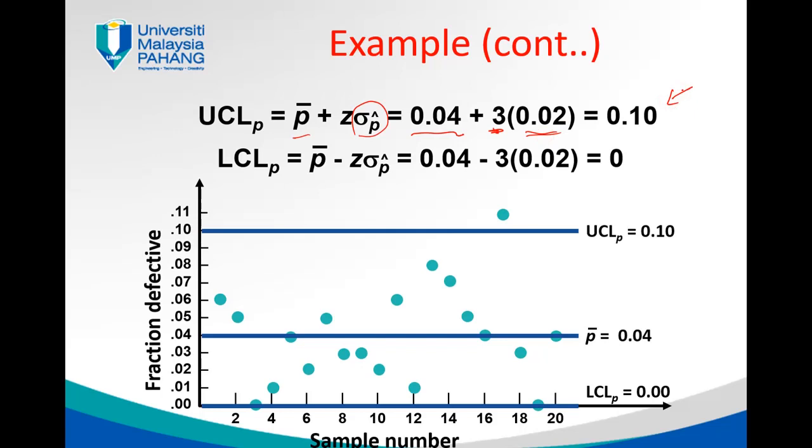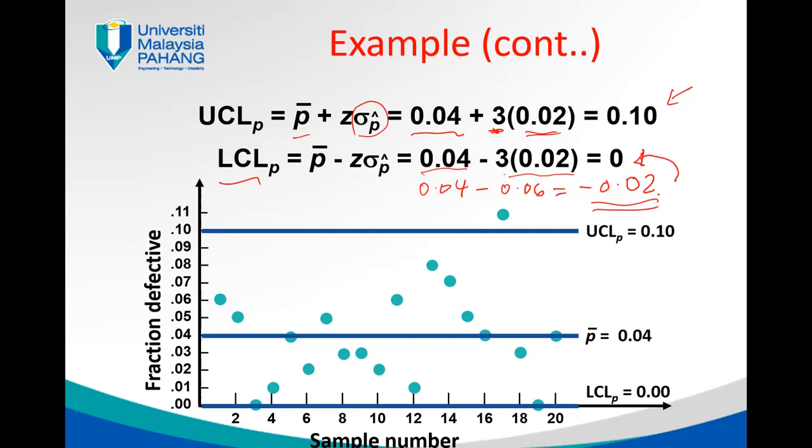Then for the lower control limit, 0.04 minus 3 times 0.02 is, if you calculate carefully, minus 0.02. But why does it state LCL equal to 0, not minus 0.02?